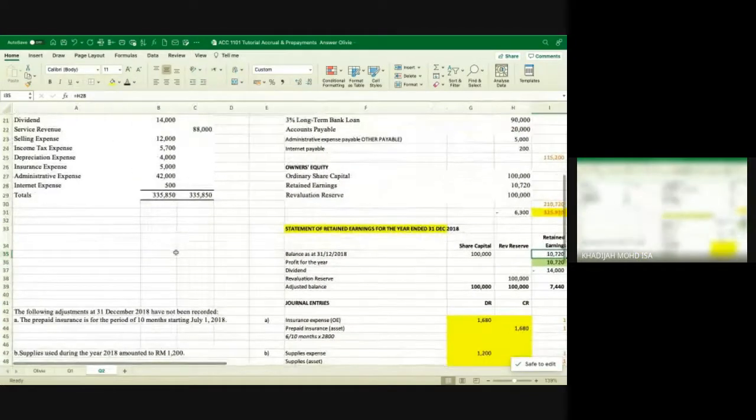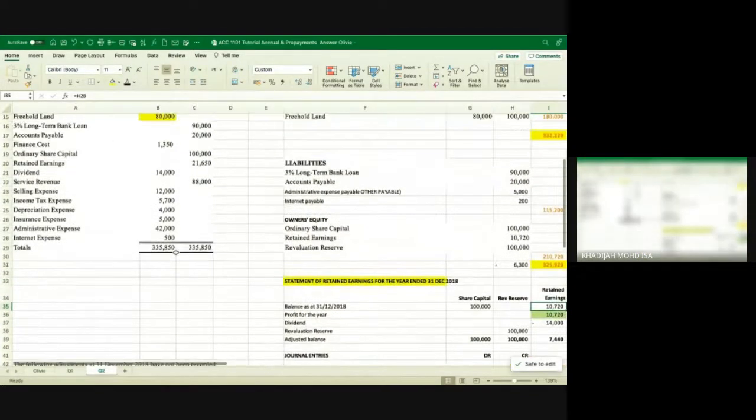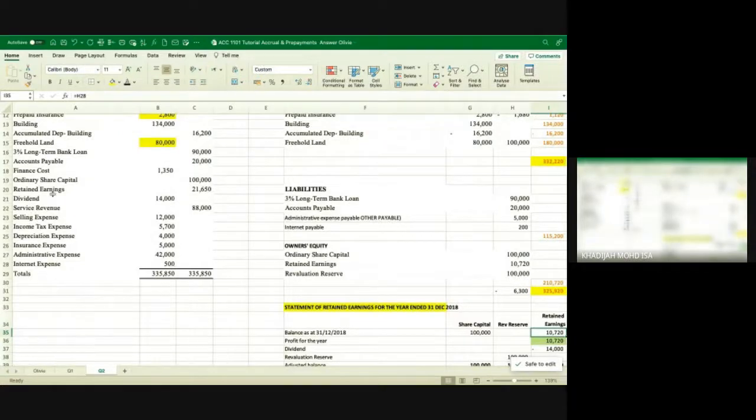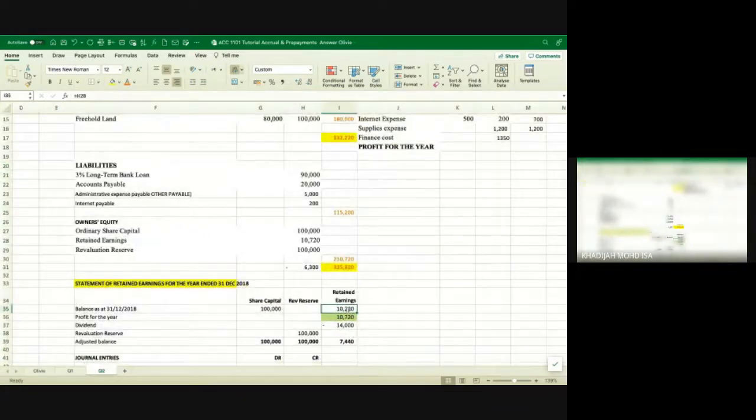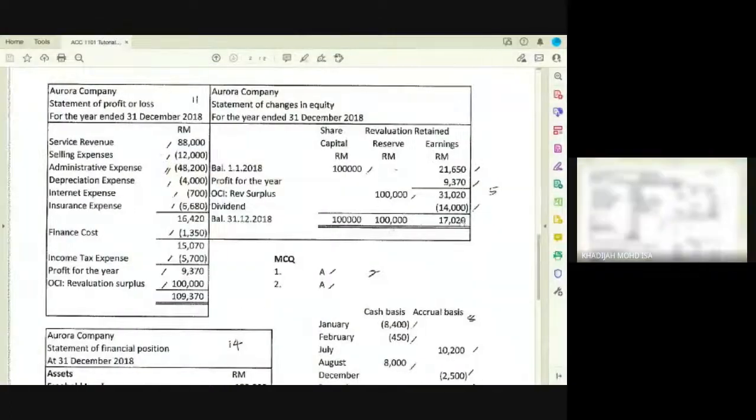How much is the initial retained earning? 21,650. So here should be 21,650 plus 18,370. Now I have 1350. Okay, never mind. Relax. This one is okay, 17,020.